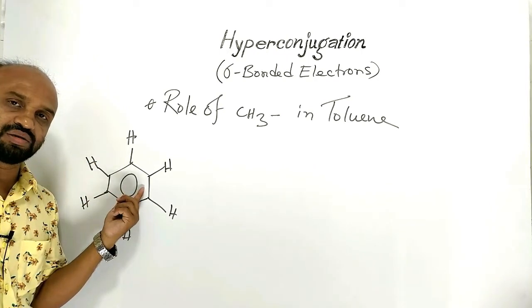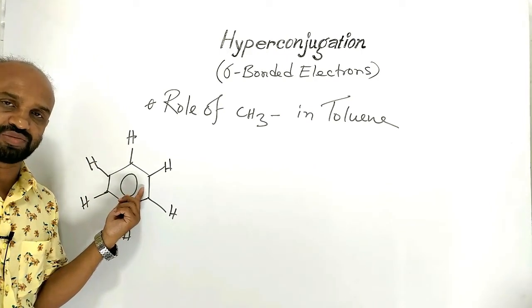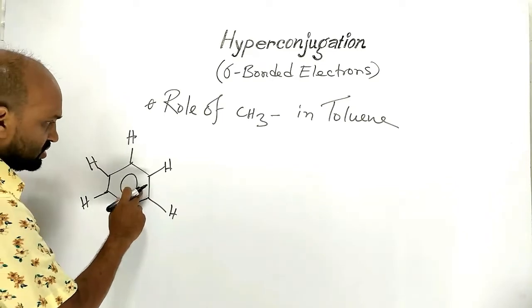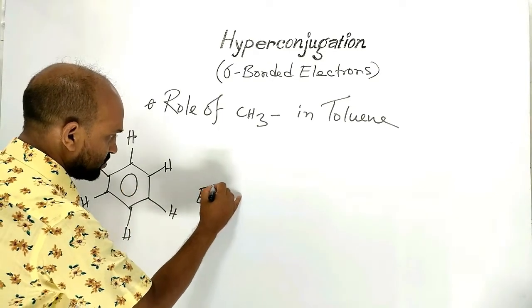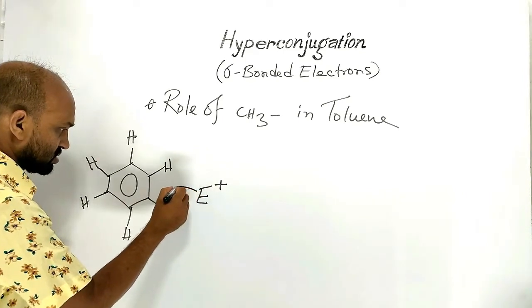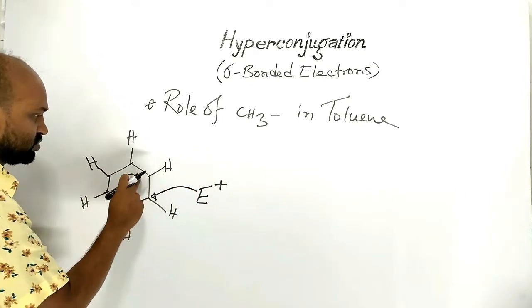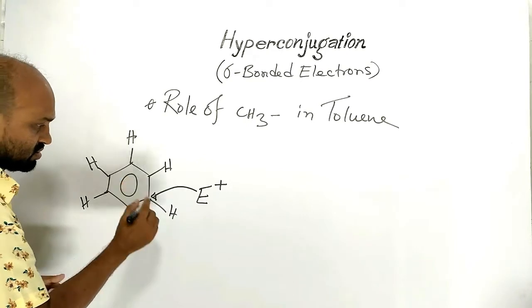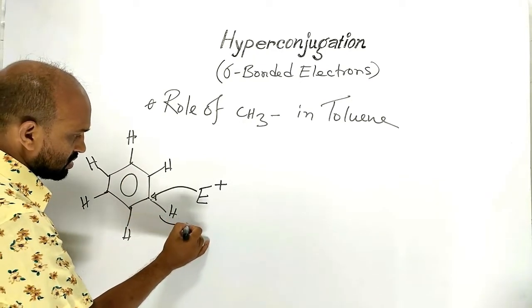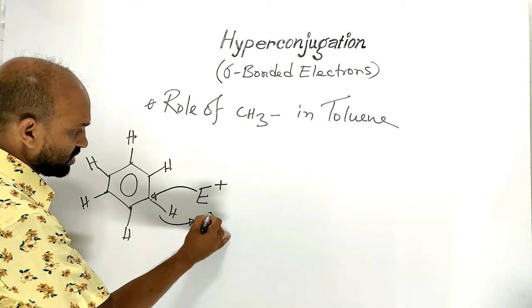Benzene ring is an electronically dense place, an electronically rich compound. That is why the benzene ring is attracted by electrophiles. An electrophile attacks any carbon of the benzene ring, and as a result this hydrogen gets freed as a proton.